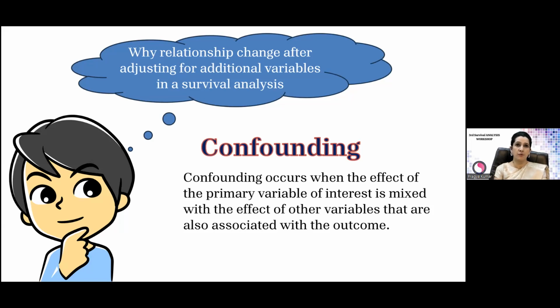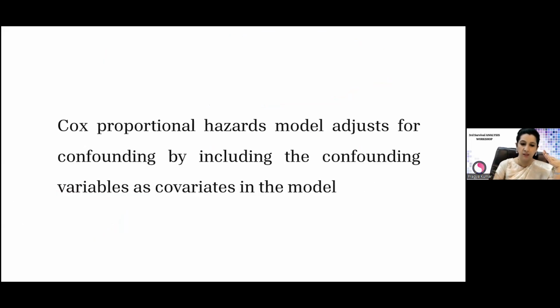So you know confounding, and it occurs when the effect of the primary variable of interest is mixed with the effect of other variables that are also associated with the outcome.